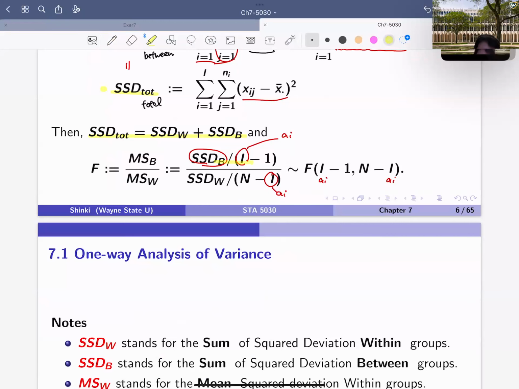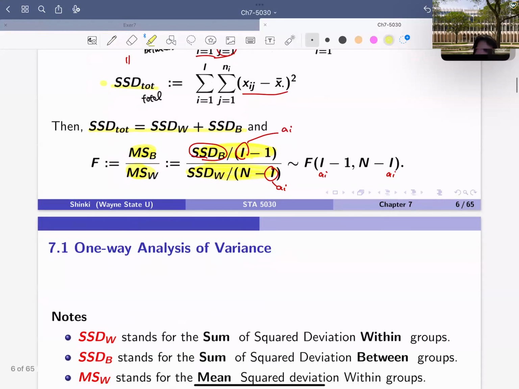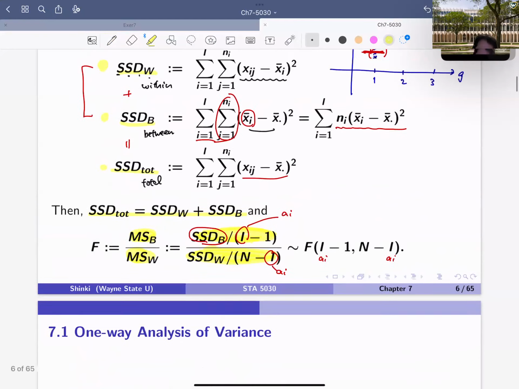And this numerator is called mean squared between groups, and the denominator is the mean squared within groups. So these two terms are defined by this numerator and this denominator. Actually, this quantity follows this F distribution under the null hypothesis.